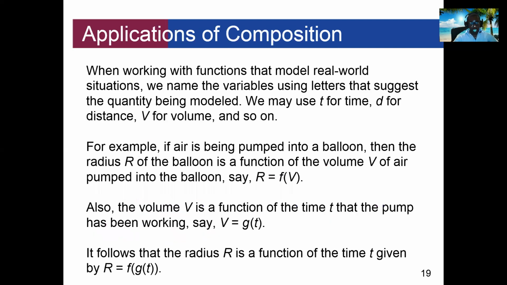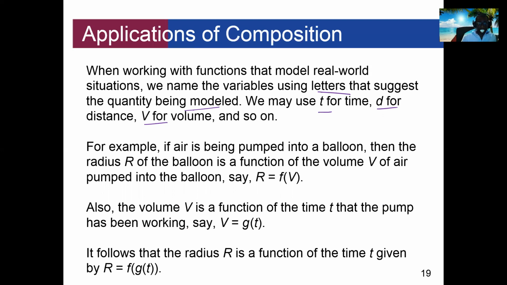All right. So now, finally, we want to look at some applications. When working with functions that model real-life situations, we name the variables using letters that suggest the quantity being modeled, so as not to confuse with f of x. If it is involving time, volume, and distance, we want to use t for time, d for distance, v for volume, and so on.